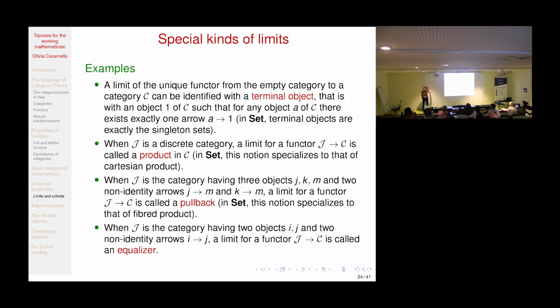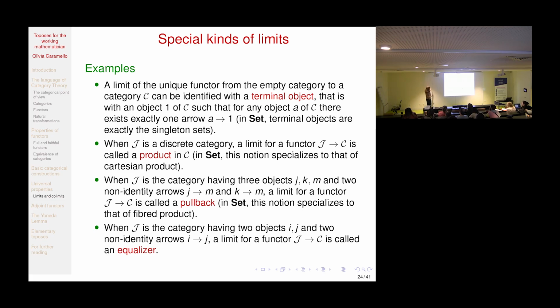So I told you that the fibered product of these two sets over C satisfied a universal property, which was this. For any pair of arrows making the outer rectangle commute, there exists a unique arrow here making these two triangles commute.